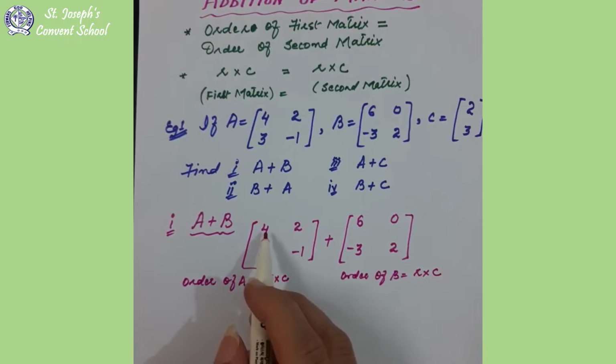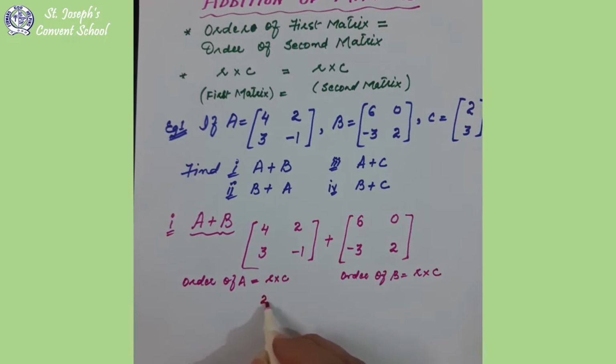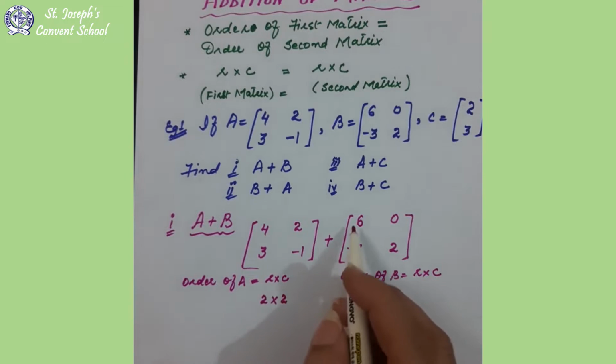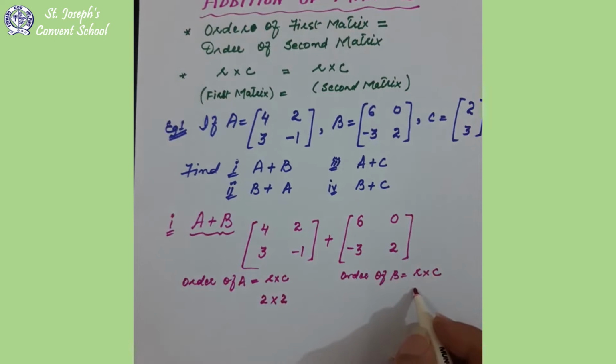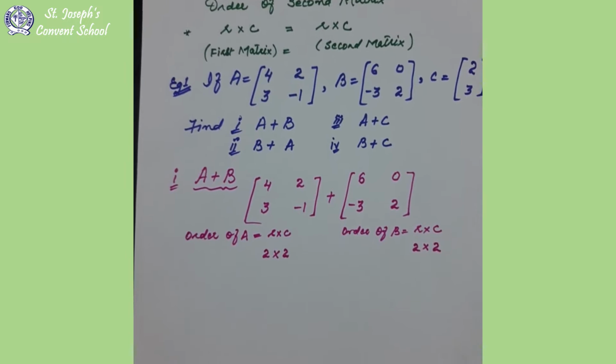In matrix A there are two rows and two columns, so the order is 2 by 2. Same in matrix B, 2 rows and 2 columns. So the order of A is equal to the order of B, which means you can add these two matrices. If order is same, then only you can add matrices.